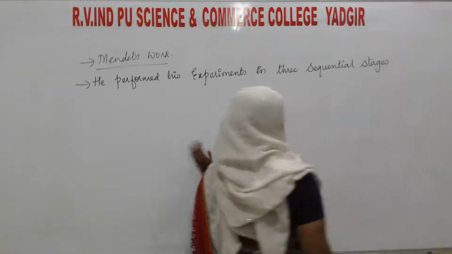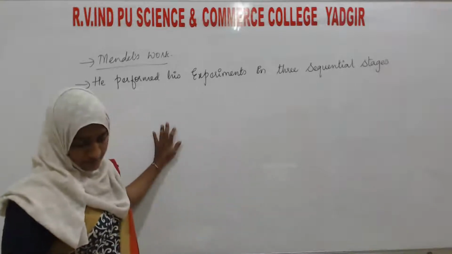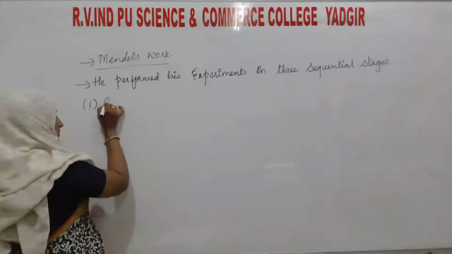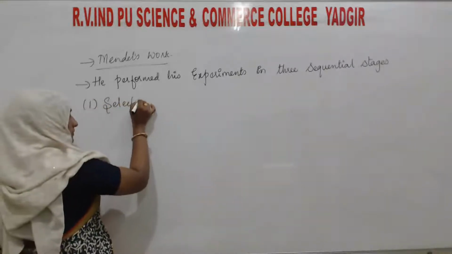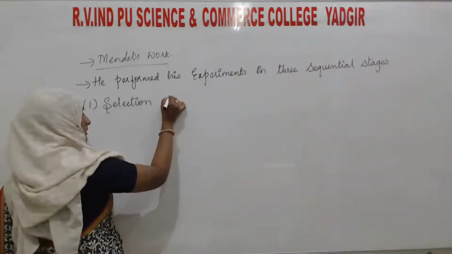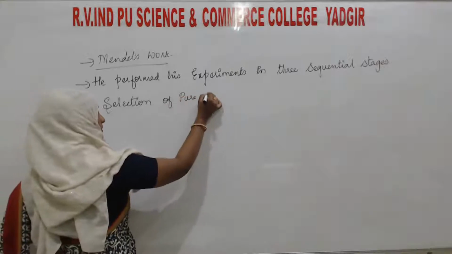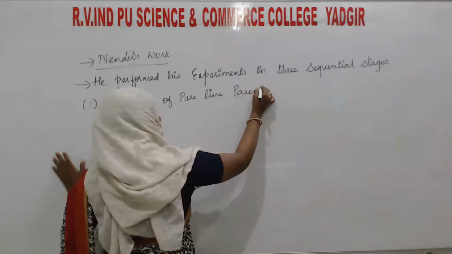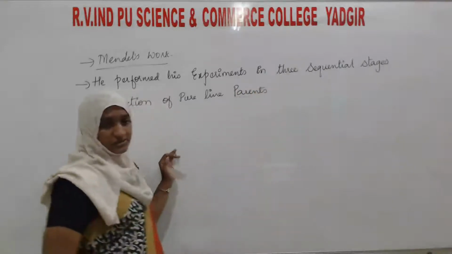And what are the 3 sequential stages? The first is selection of pure line parents. Selection of pure line parents. This is the first stage.